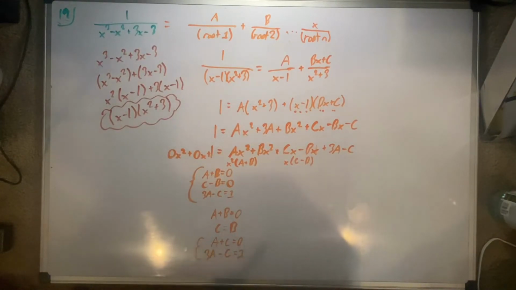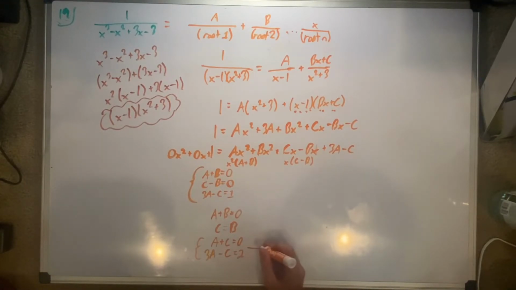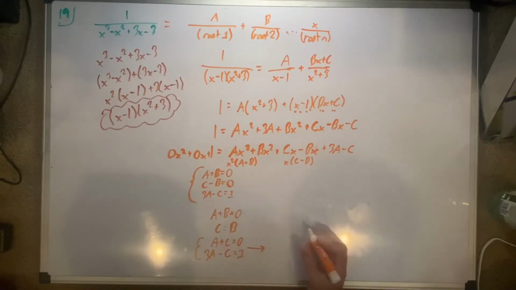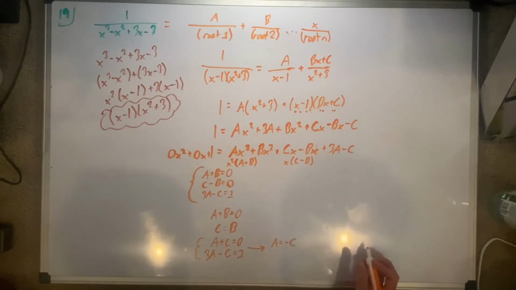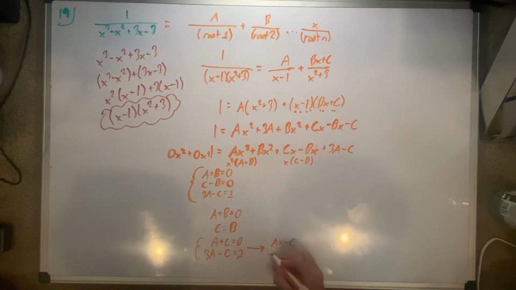Hopefully you can still see what I'm doing. Yes, you can. So this here is a subset of that. So if I wanted to cancel this out again, I could do one thing like this, and I could say a is equal to negative c, and then 3a, or I could go negative c is equal to 3a minus 1, or no, 1 minus 3a.